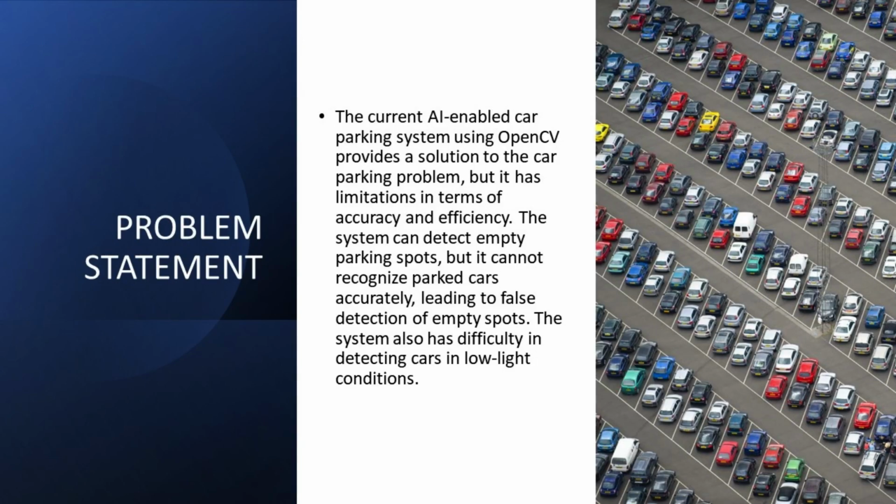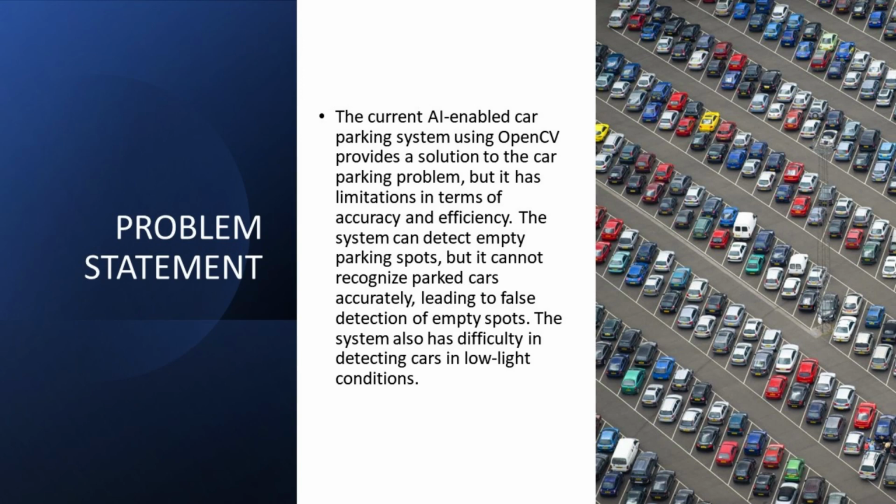The system mainly uses a camera and the OpenCV library to capture live video footage of a parking lot and detect the empty parking spots, which are displayed in the user interface so drivers can easily find the space and park the car. However, the accuracy of the system can be improved by incorporating deep learning algorithms.